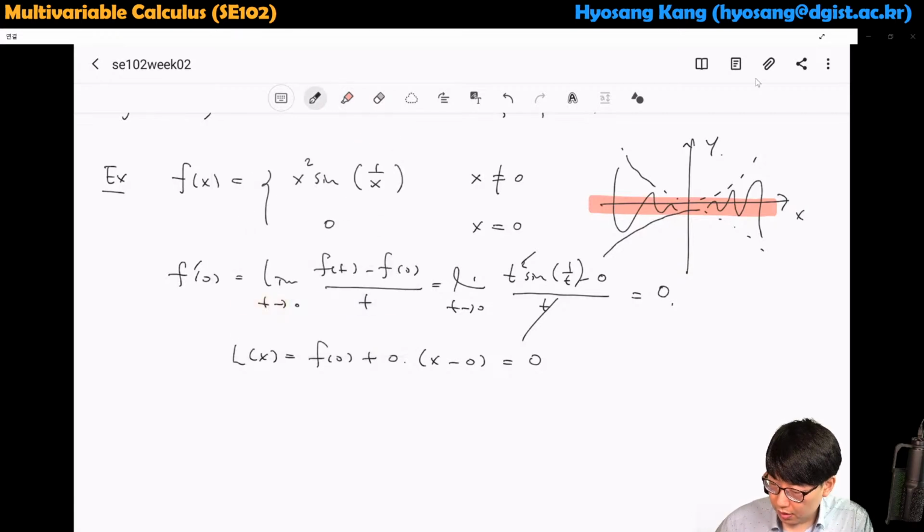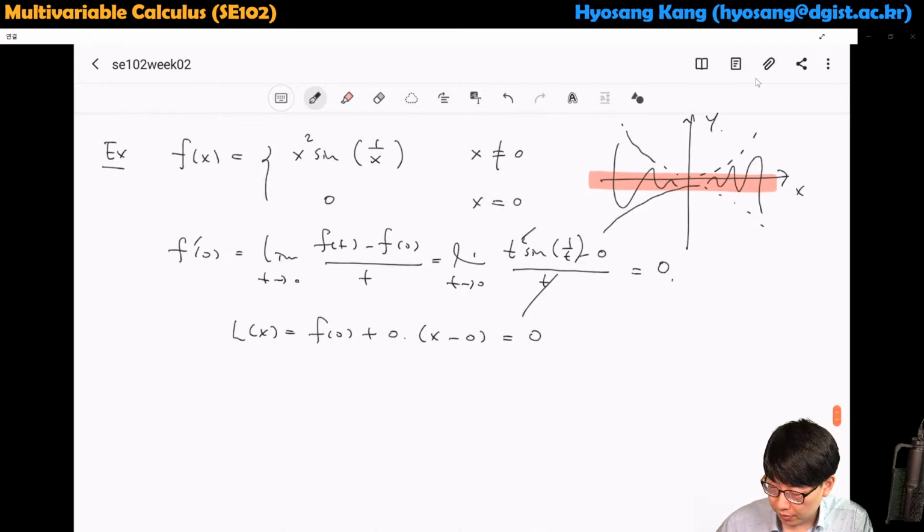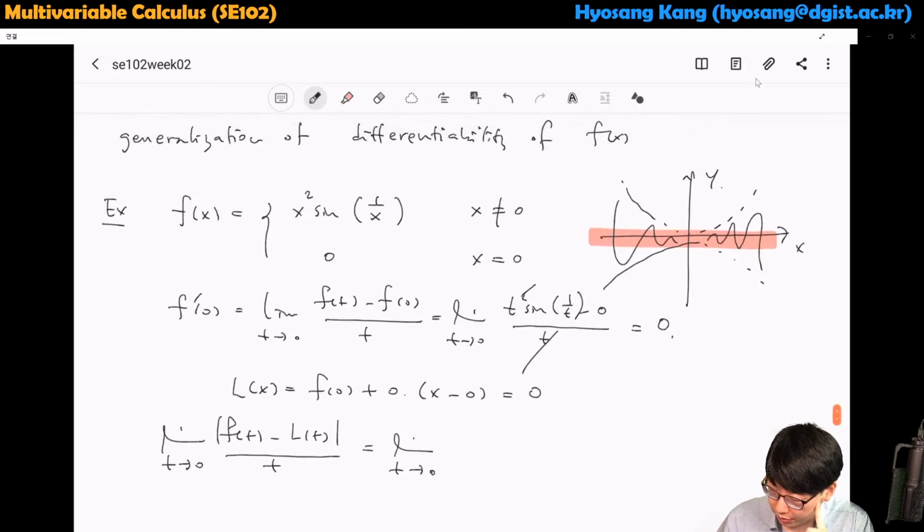But then, if I simply rewrite this definition of differentiability of single variable function, what happens is that when t goes to 0, the difference between f of t and L of t... does it exist?